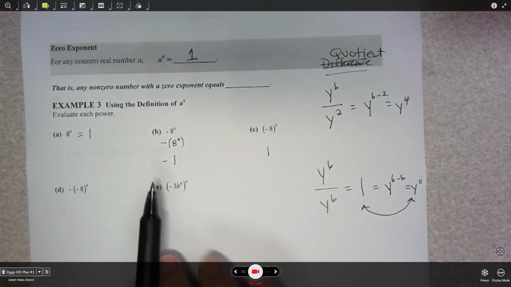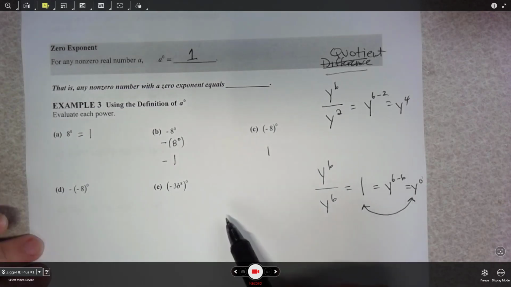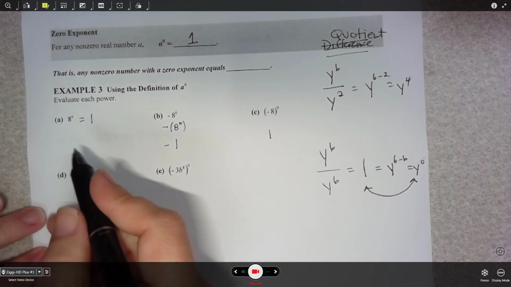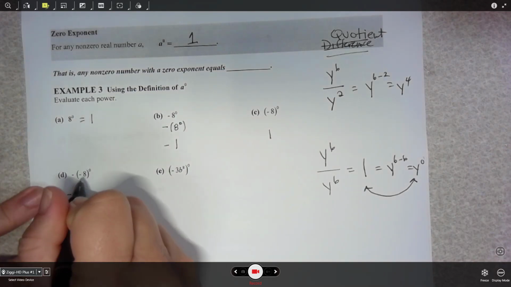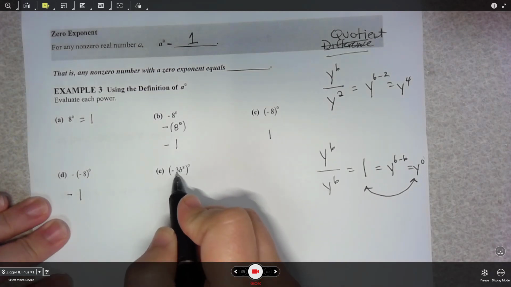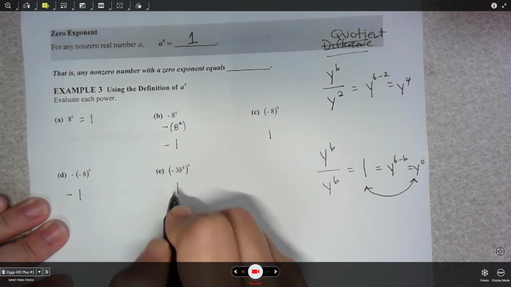So your calculator is going to see those differently. Make sure if you're wanting to raise negative 8 to the 0 power that you put it in parentheses. So here we would have the opposite of 1, so we get negative 1. Here the whole entire thing is in parentheses, raised to the 0 power, would be 1.